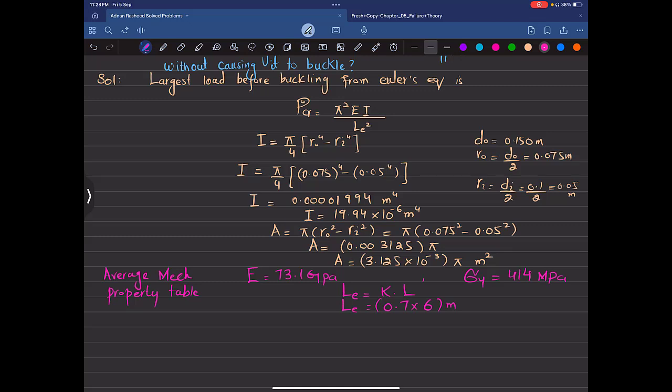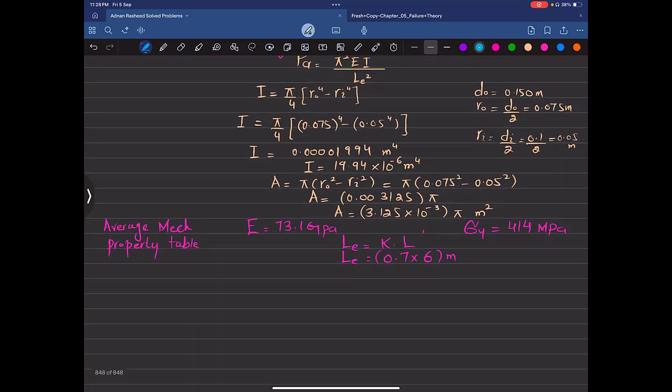Now you have all the values, just plug them into this formula. I will write the formula: P critical is equal to pi square E times I divided by LE square.